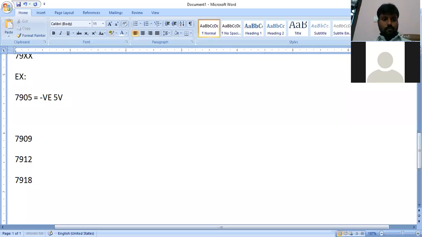So similarly 7905 means it gives negative 5 volts, and 7909 gives negative 9 volts, and 7912 gives negative 12 volts.